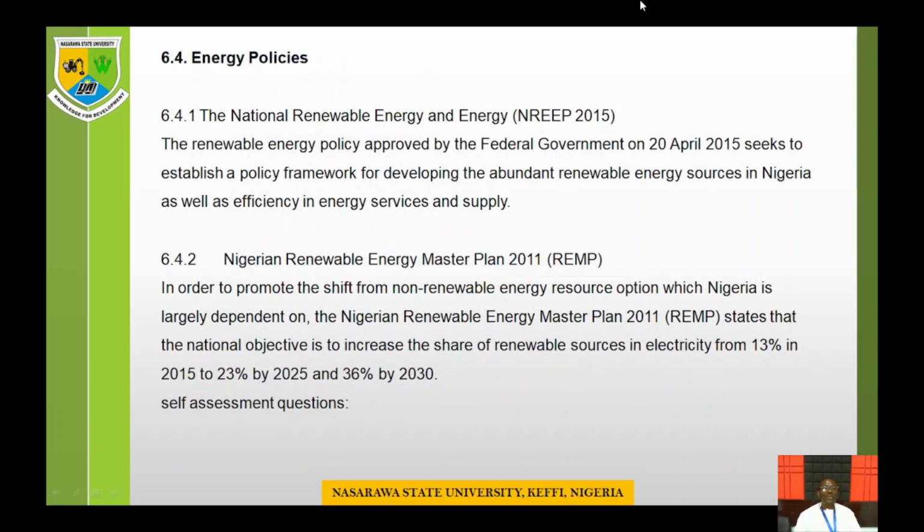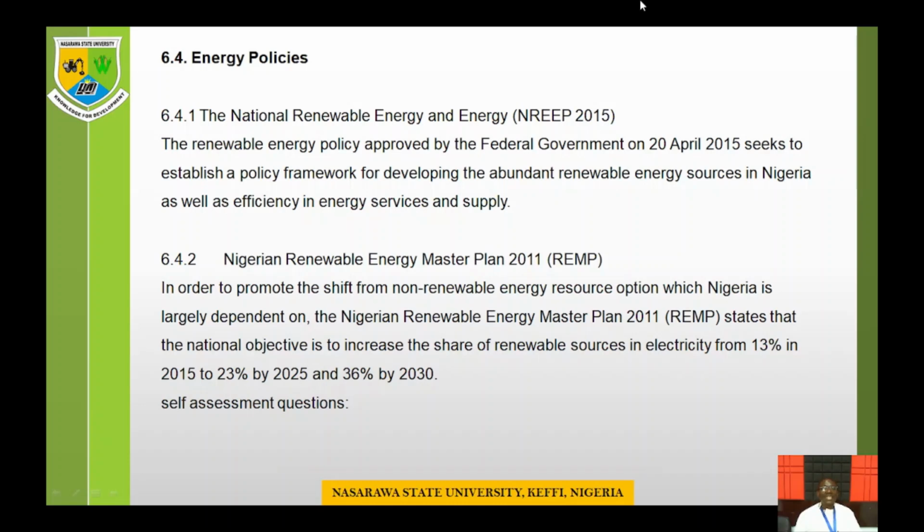So some examples will be mentioned as we wrap up this course. The National Renewable Energy and Energy Efficiency Policy 2015. The Renewable Energy Policy approved by the federal government on 20th of April 2015 seeks to establish a policy framework for developing the abundant renewable energy sources in Nigeria, as well as efficiency in energy services and supply.